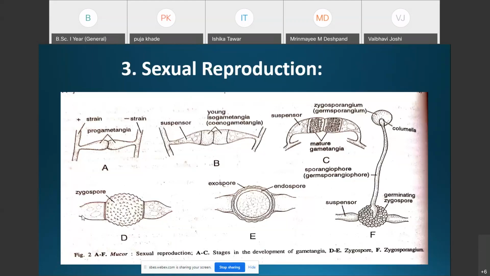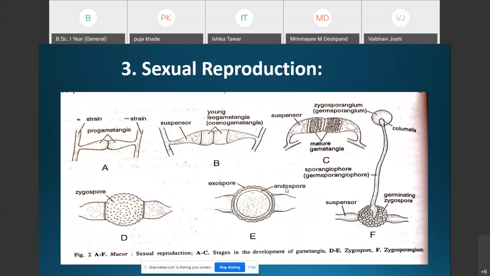Meanwhile the size of the zygospore enlarges, and it secretes a thick wall that is differentiated into the exospore and the endospore. The outer one is called the exospore, and the inner layer of that thick wall is called the endospore.